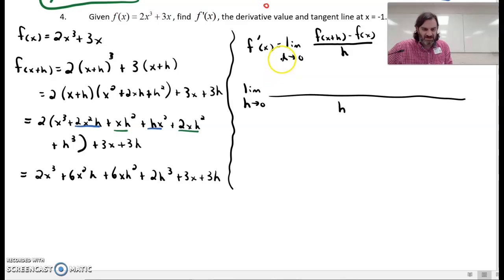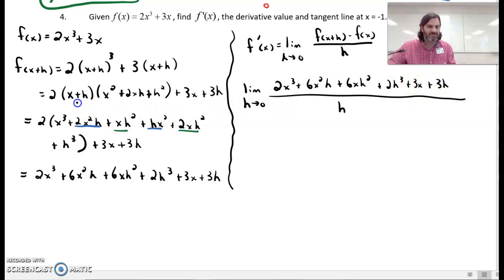The top will be 2x cubed plus 6x squared h plus 6xh squared plus 2h cubed plus 3x plus 3h, and that all comes from the f of x plus h. And then we're going to subtract off f of x, which is 2x cubed plus 3x, and we squeeze that in there.